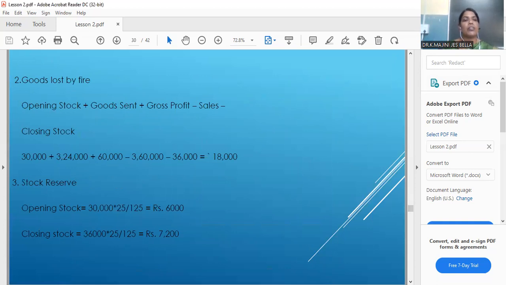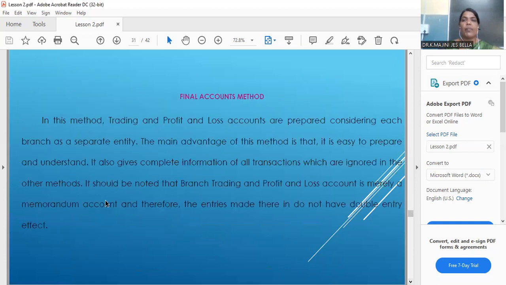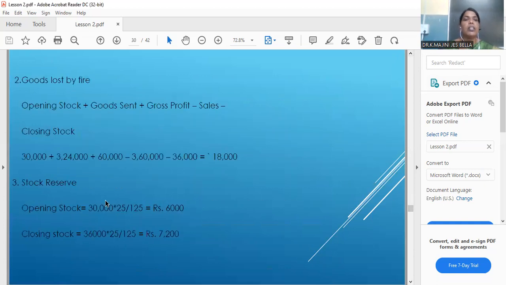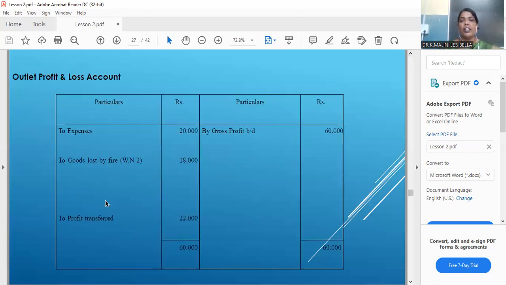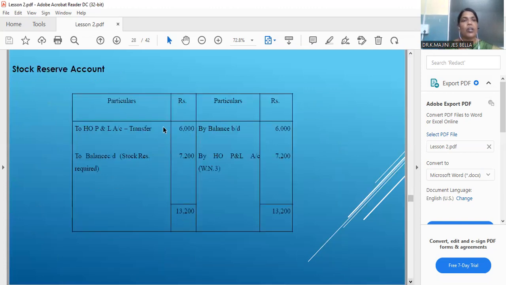Stock reserve, opening stock 30,000 into 25 by 125. That is 6,000. We can write here stock reserve account to head office profit and loss account transfer 6,000. Then by balance BD 6,000.